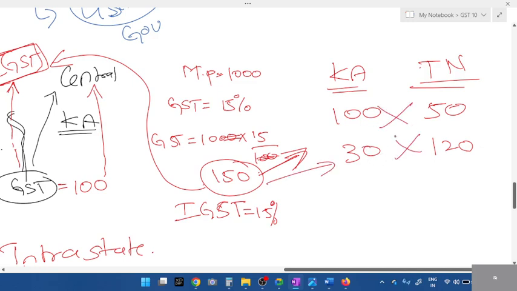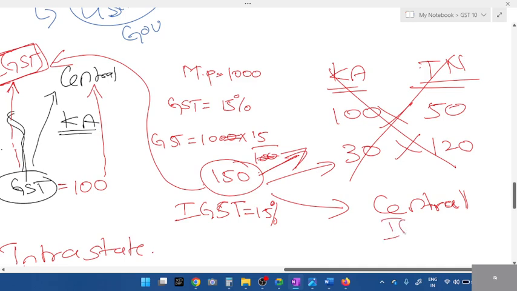There is always a dispute. So the central government, the Modi government, tells them nobody should take a single rupee, you all give it to the central. This amount goes to the central. That is what we call IGST.